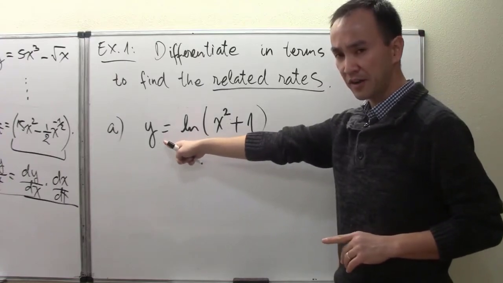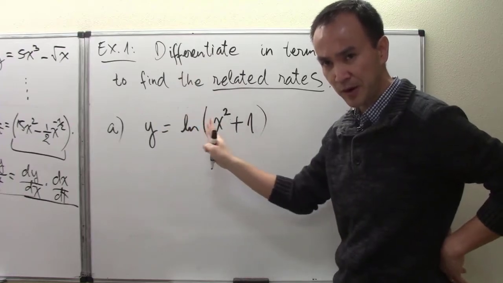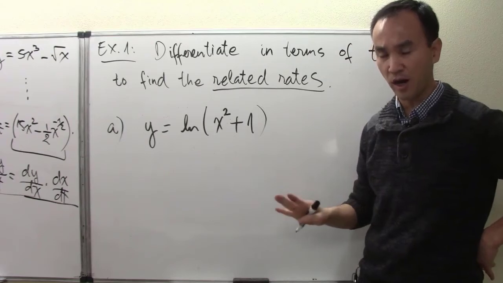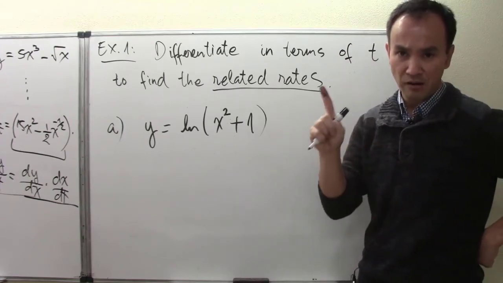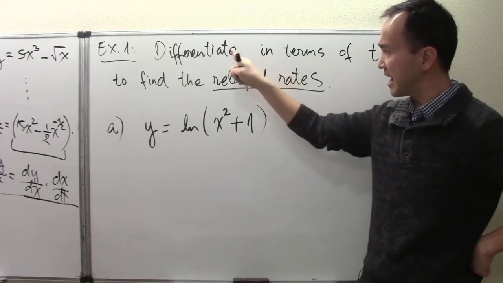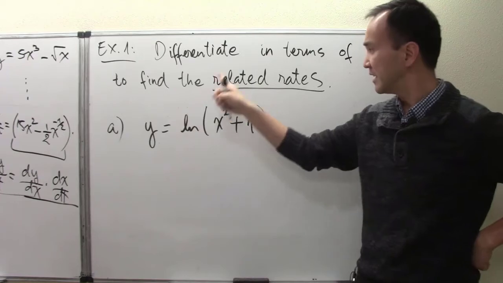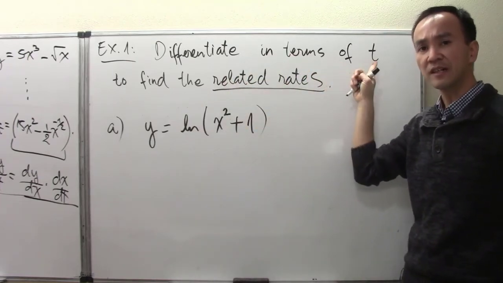There's a y variable and an x variable, 2 variables currently present in this equation. That's all I want anyone learning from this lesson to see. But now the worded instruction of the problem is asking, let's differentiate this equation, let's take the derivative of this equation, but differentiate in terms of t.